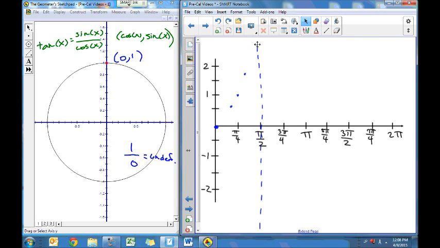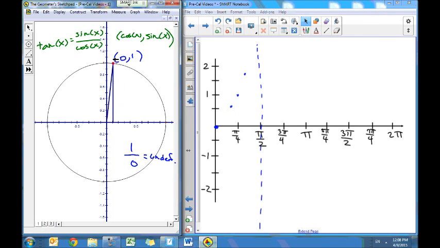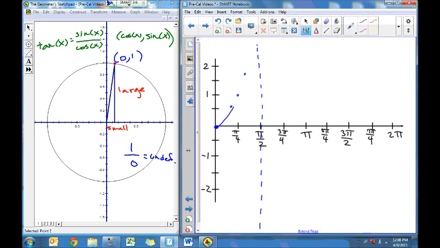Meaning that as this approaches 0, I start to get very large numbers divided by very small numbers, both of which are positive. And as I divide those out, the tangent of x is going to approach infinity. Okay? And so the graph that we get will look something like that.